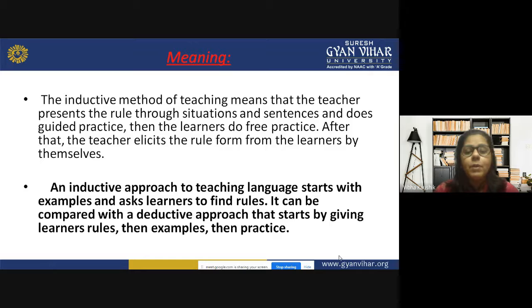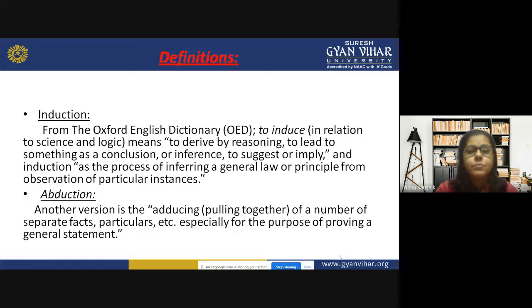It can be compared with a deductive approach, which starts by giving learners rules, then examples, then practice. In the deductive approach, the teacher first presents the learners the rules and then gives examples related to it, and then asks the students to start doing the practice.